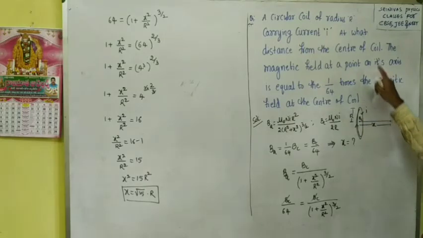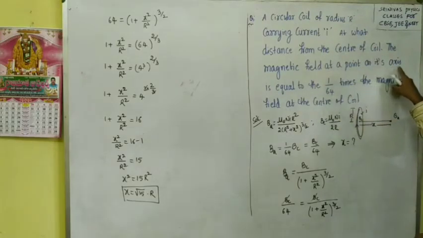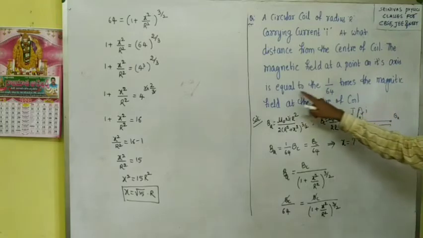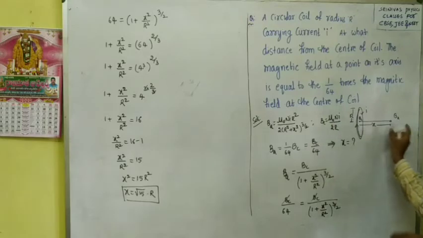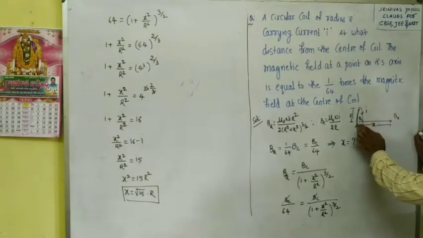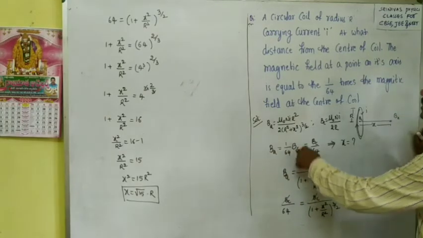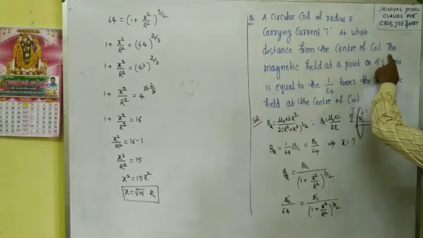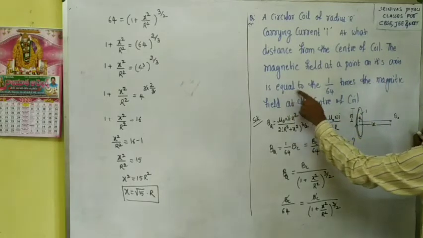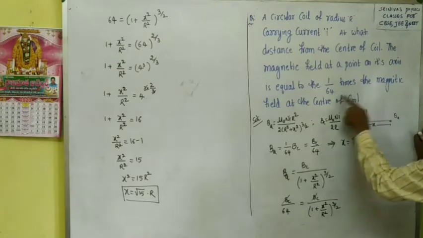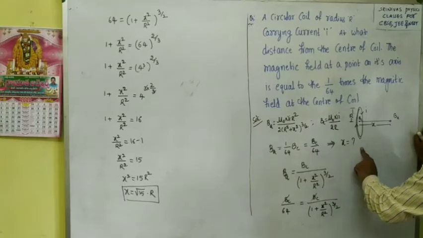They are asking, at what distance is the field at a point on the axis, BA, equal to 1 by 64 times the field at the center? That means BA is equal to 1 by 64 times BC. At what distance will it happen?